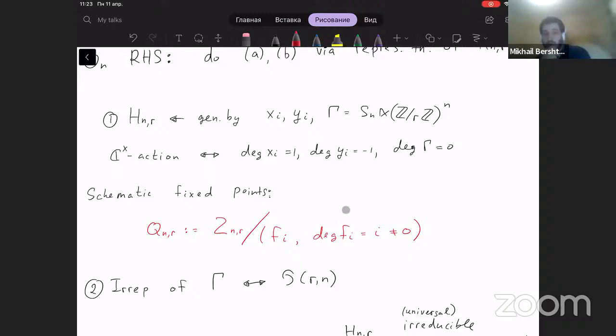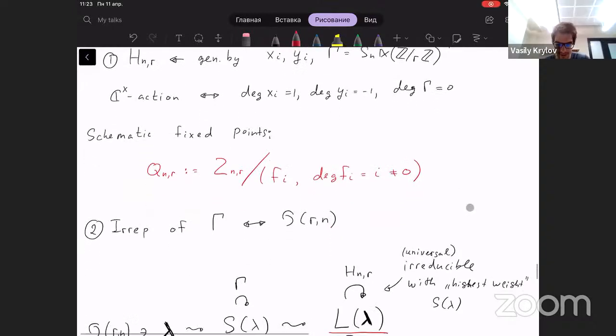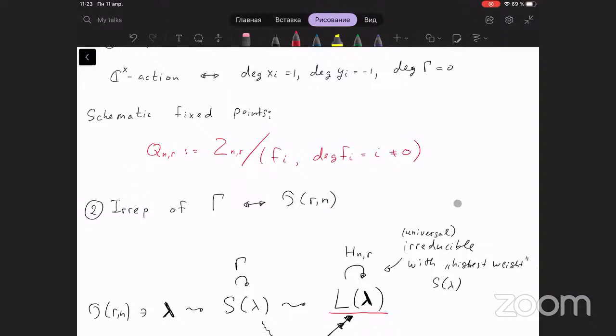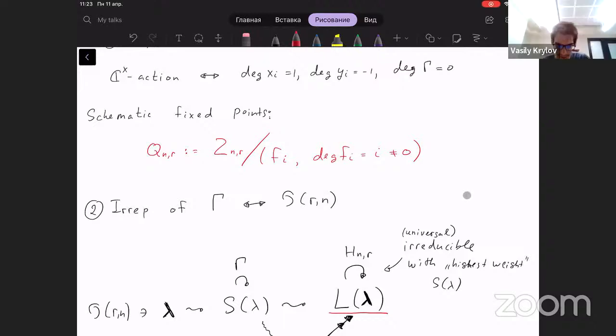Symmetric functions of x's should be in the center, and symmetric functions of y's. At least elements of some degree r, powers of x to the r. Yes, we may have many elements of degree 0. We will talk about them soon, for example these Dunkl-Opdam elements that are certain deformations of y_i times x_i.